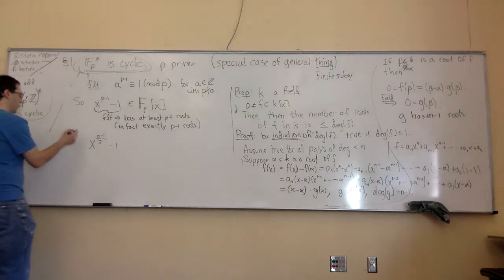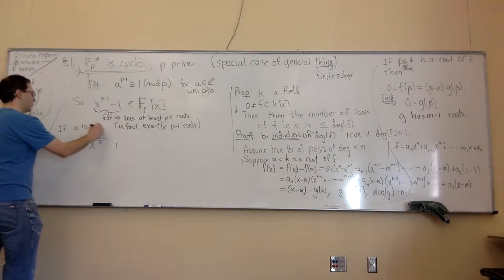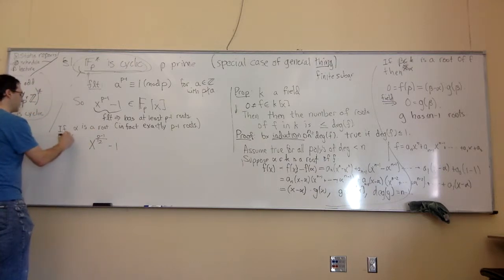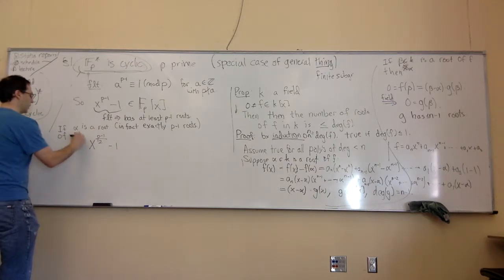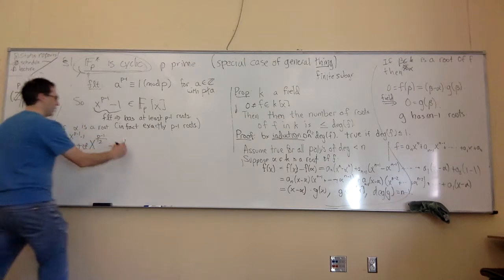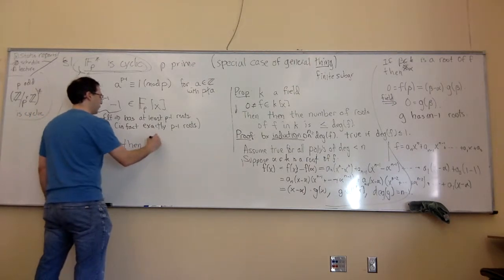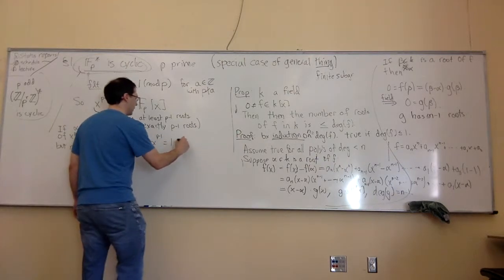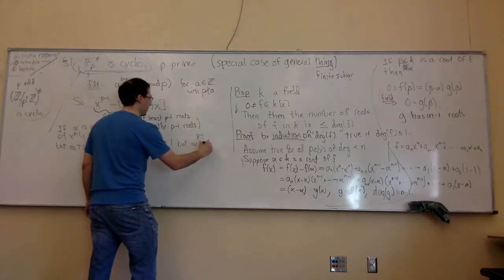So if alpha is a root of x to the p minus 1 minus 1, but not of that, then alpha to the p minus 1 equals 1, but alpha to the (p minus 1) over 2 is not equal to 1.